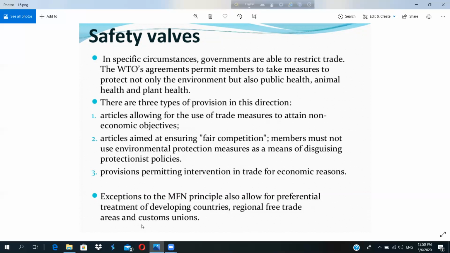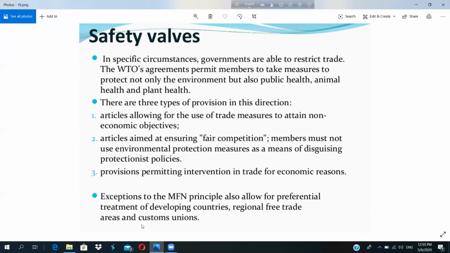First one, articles allowing for the use of trade measures to attain non-economic objectives. Articles aimed at ensuring fair competition. Members must not use environmental protection measures as a means of disguising protectionist policies.